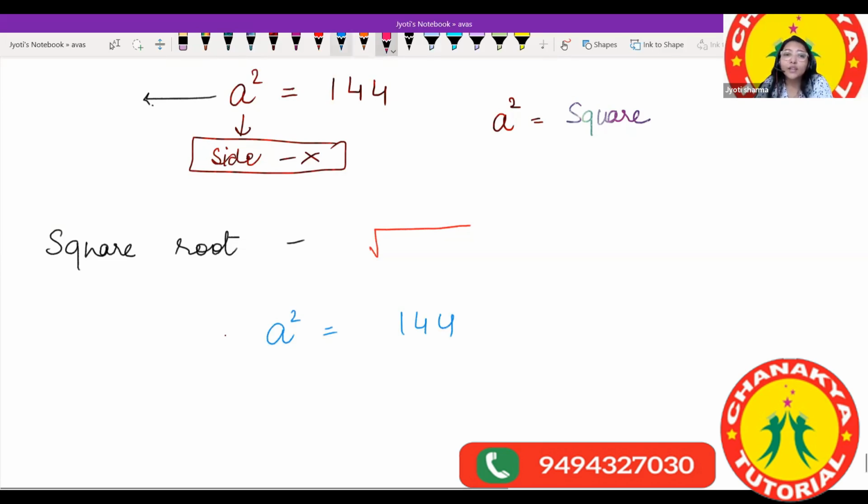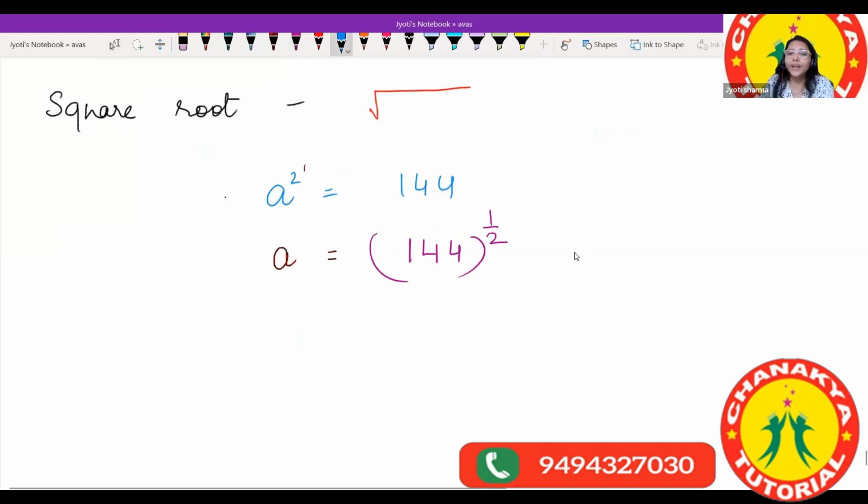Whenever you learn power and exponents, then we are going to learn this. What if I transfer this to the other side? Right now it is 2. On the other side, if you transfer, it will become 1 by 2. Now, the symbol of this 1 by 2 is this square root.